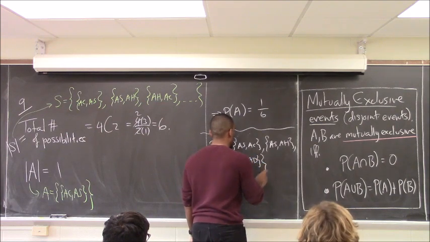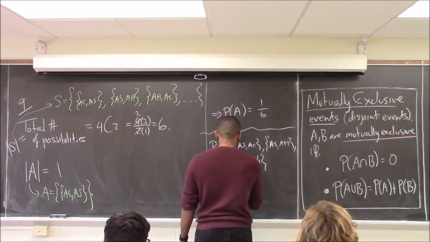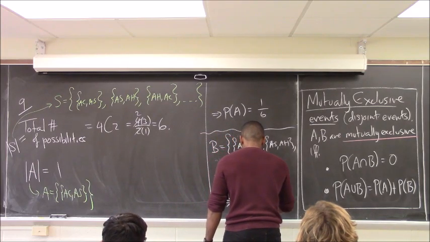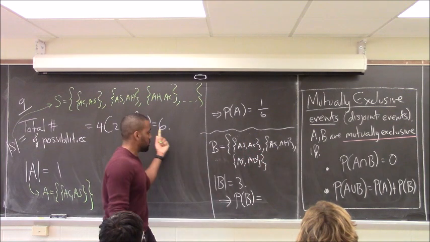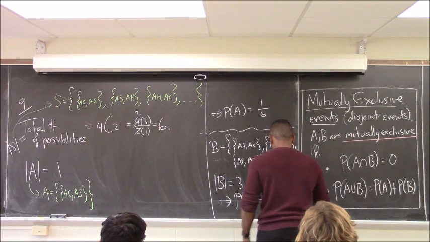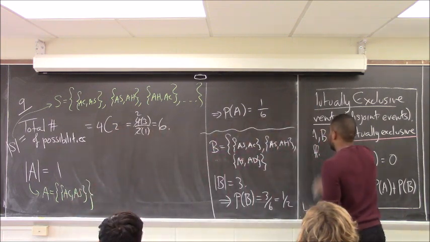Those are all possibilities. The number of ways B can occur are 3. This means that the probability of B is going to be equal to, well, it's the same sample space. It's 3 out of 6, so that's 1 out of 2. Okay. So those are the 2 probabilities. Now what?